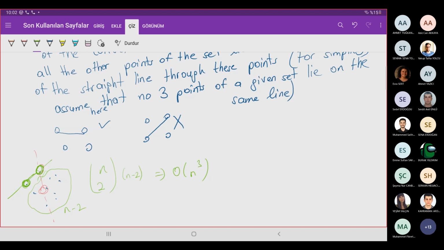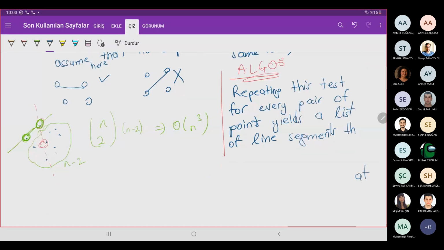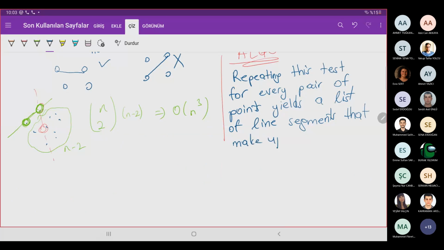There are n square number of operations, but each operation takes linear time, not constant time in this case. Okay? So let me write the algorithm first. Not as a pseudocode, but: repeating this test for every pair of points yields a list of line segments that make up the convex hull's boundary.